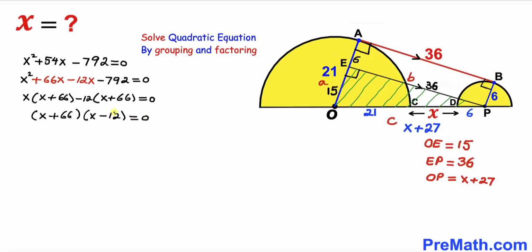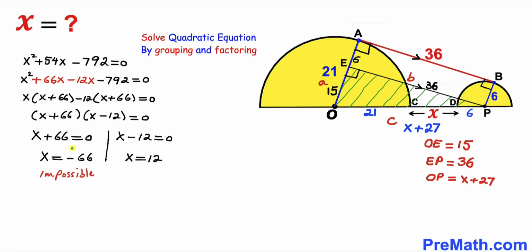Since we got these two factors equal to 0, we can separate them. I can write x plus 66 equals 0, and the other factor x minus 12 equals 0. This first equation is going to give us x equals negative 66, and this second equation is going to give us x equals positive 12.